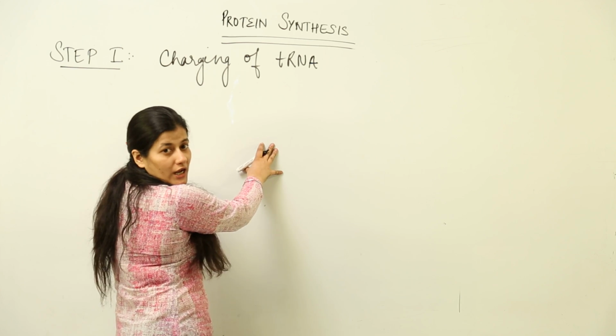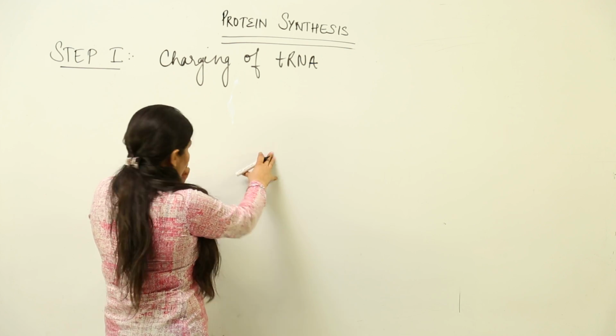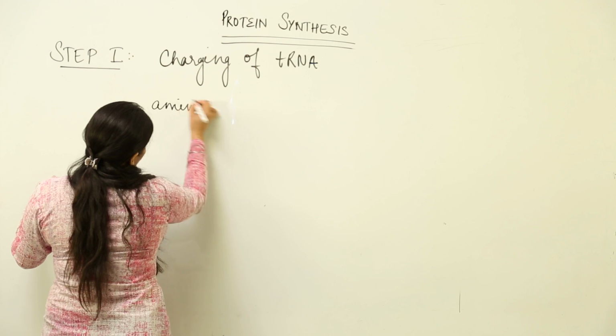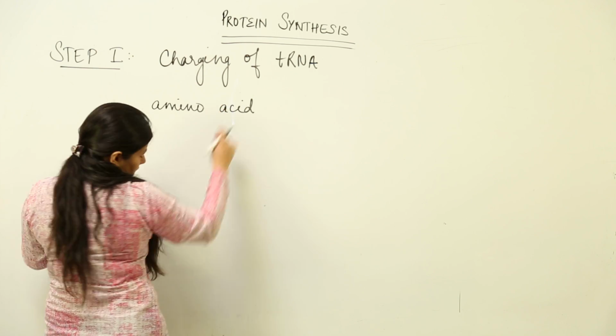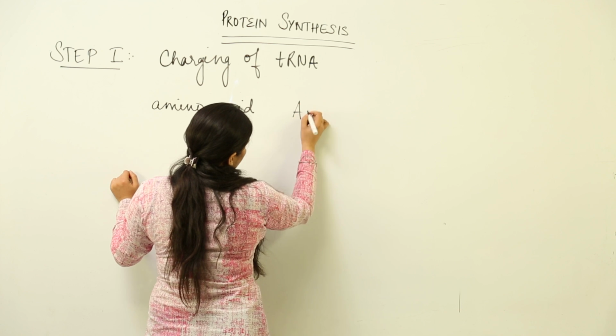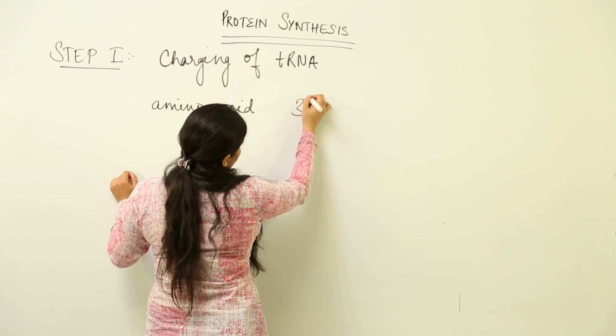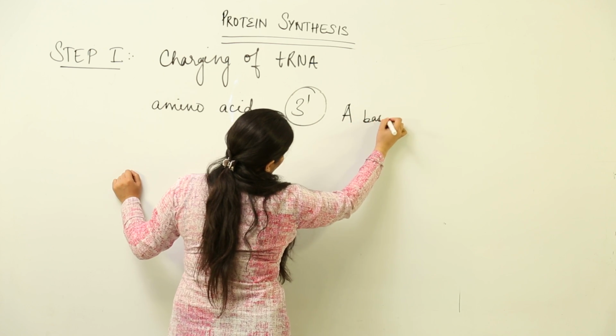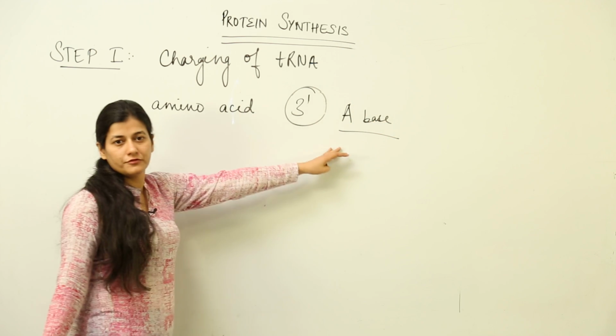Charging of tRNA involves the addition of an amino acid according to the anticodon loop sequence at the 3' end, the A base, of tRNA.